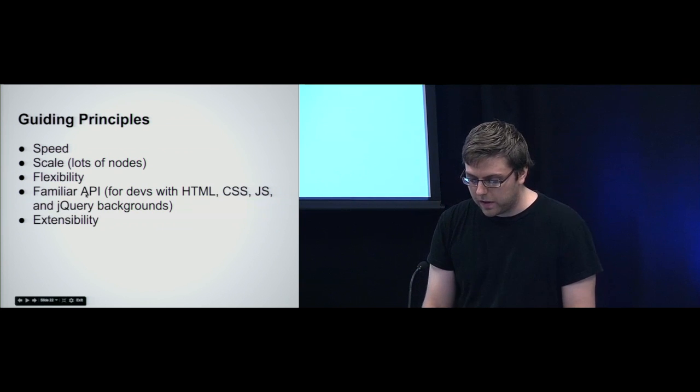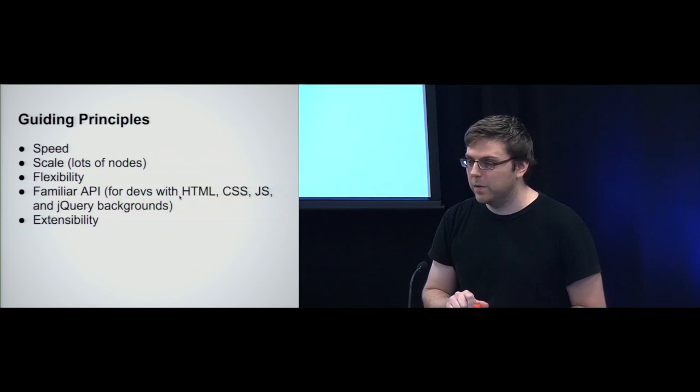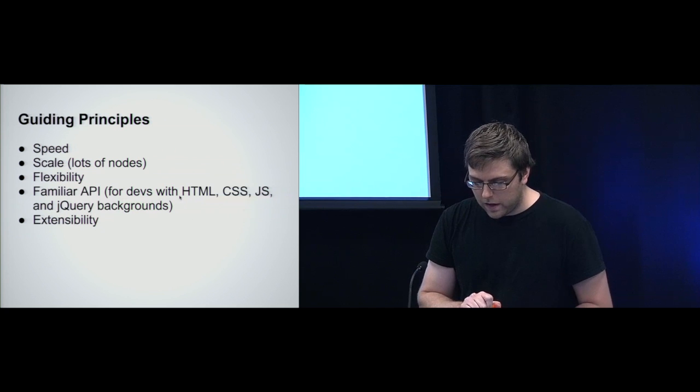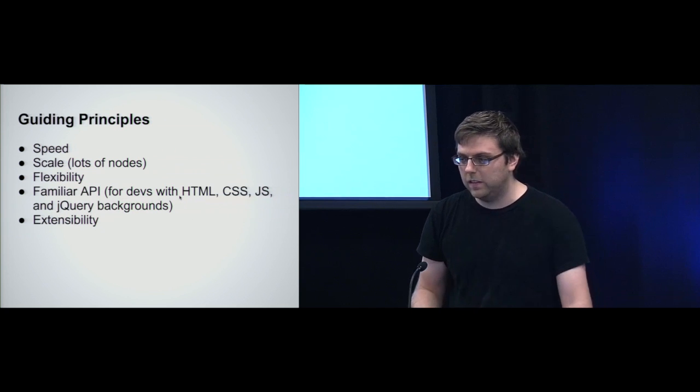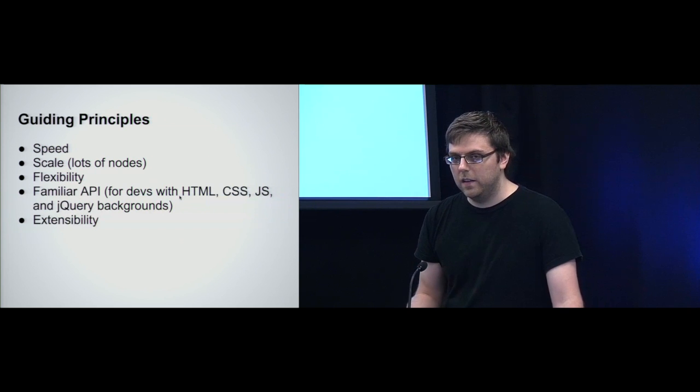A familiar API: if you have HTML, CSS, JS, or jQuery backgrounds, it should feel pretty familiar to you. And extensibility: it's very easy to extend and subclass classes in Kinetic.js. So if you want to create your own custom shapes, or a different kind of layer or group, it's really easy to do that.